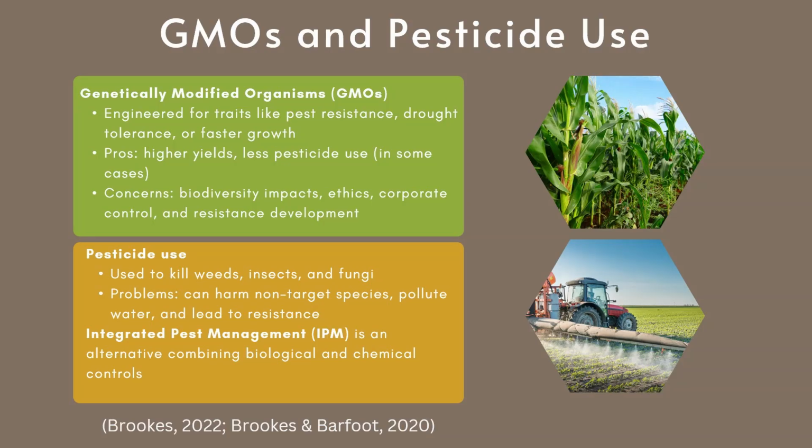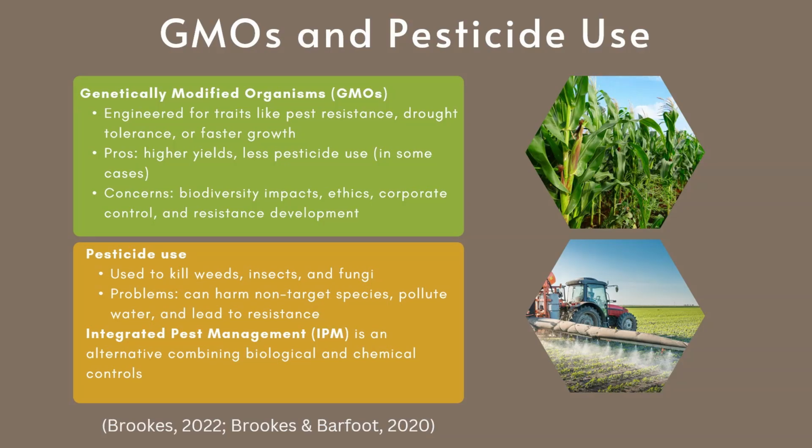To help address these challenges, many agricultural specialists promote integrated pest management. This is a sustainable and balanced approach that combines biological, cultural, mechanical, and chemical strategies that can manage pests while minimizing environmental harm.